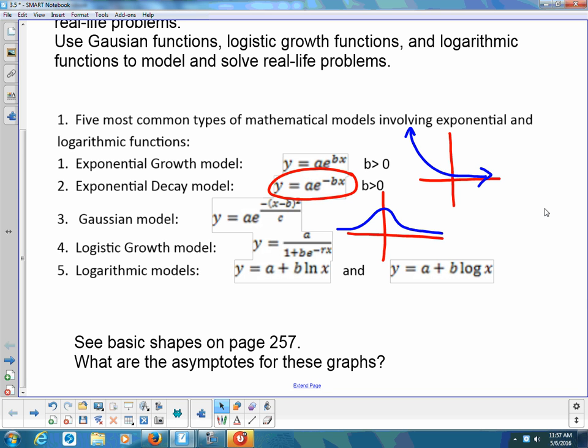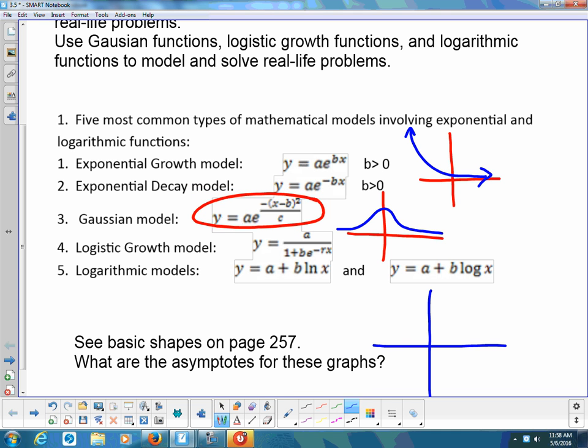Then we have the logistic growth function, which is also there on page 257. That one's kind of interesting. It's a case where the graph starts out kind of level, but then rises very rapidly, then starts to slow down its growth and level off at some number.